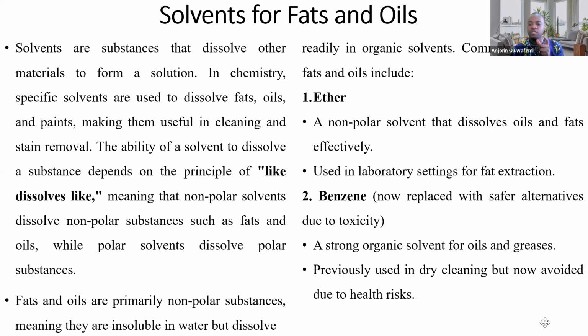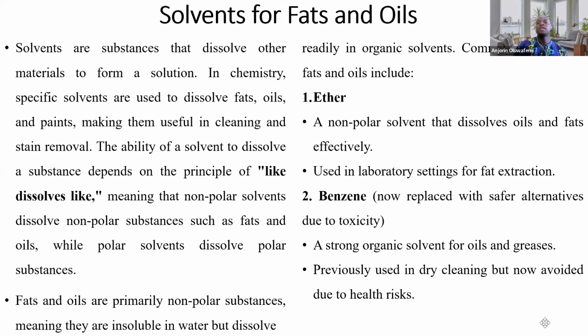The ability of the solvents to dissolve a substance depends on the principle of like dissolves like, meaning that non-polar solvents dissolve non-polar substances, such as fats and oil, while polar solvents dissolve polar substances.